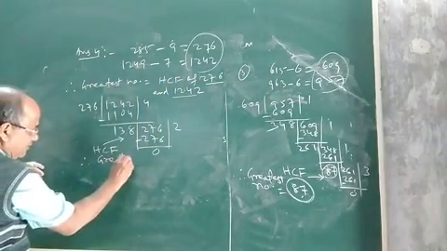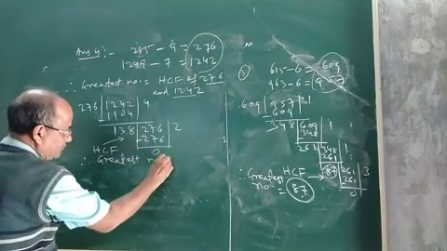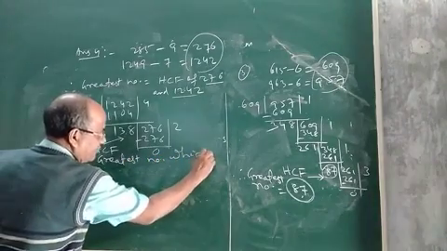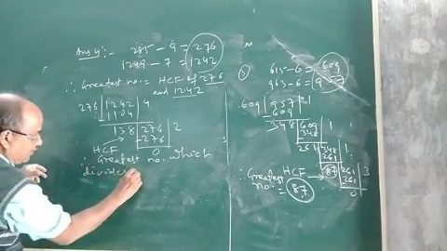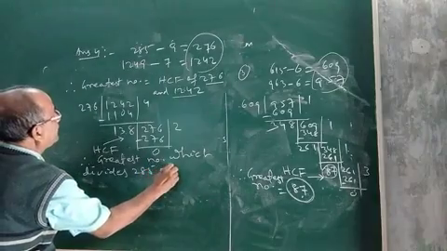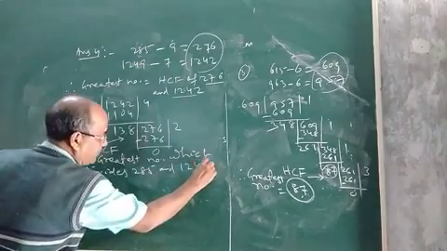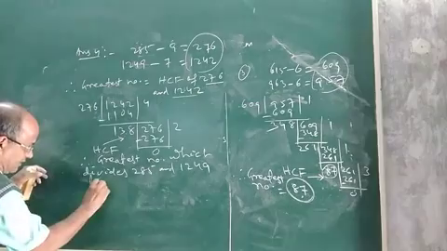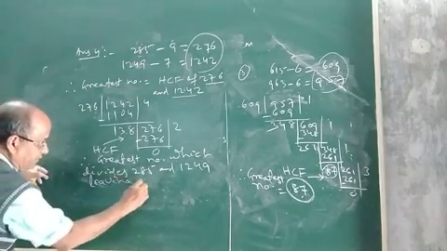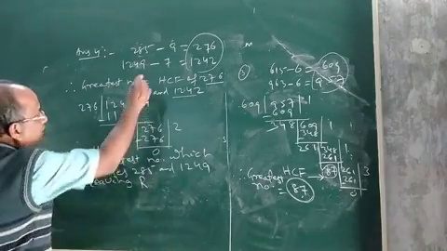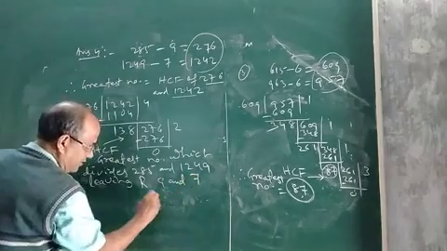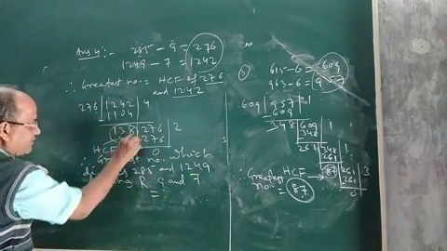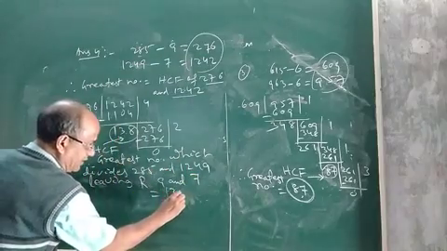Therefore, the greatest number which divides 285 and 1249, leaving remainder 9 and 7, is 138.